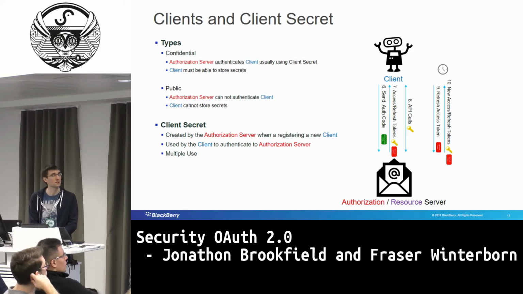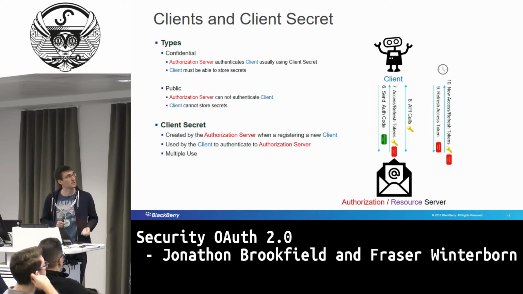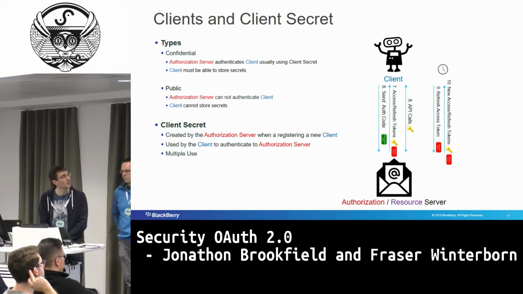So this is typically a server-side application. So this is able to store secrets, so the authorization server can authenticate all the connections, and that's done using a client secret. And then the opposite of that is ones that can't store secrets, so that's a JavaScript application running in a browser, and that's a public client.